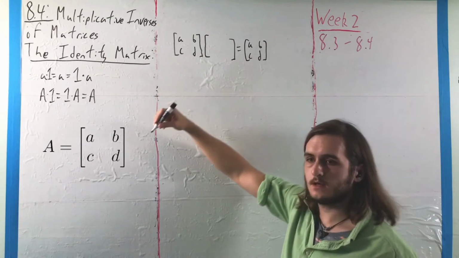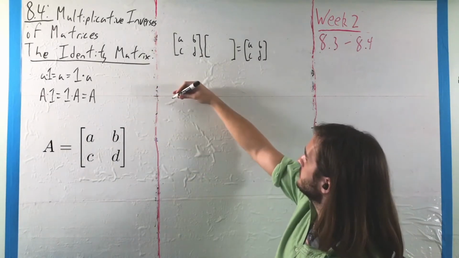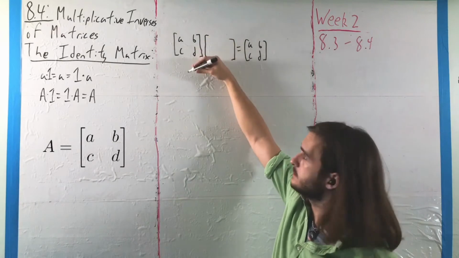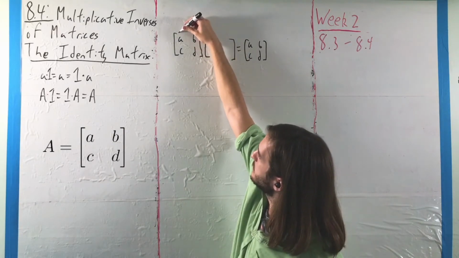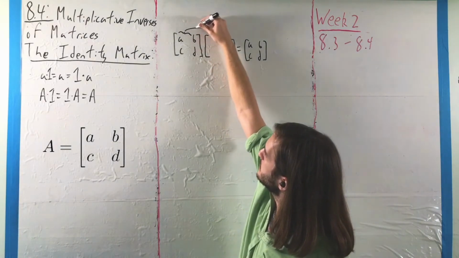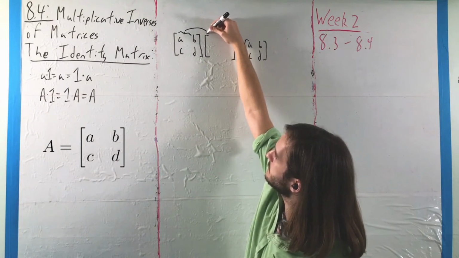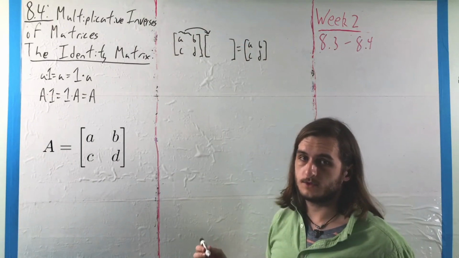And when we're thinking about our first term, this thing that's going to go up here, we're talking about multiplying this times something in that first column.